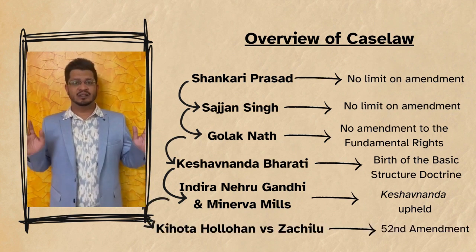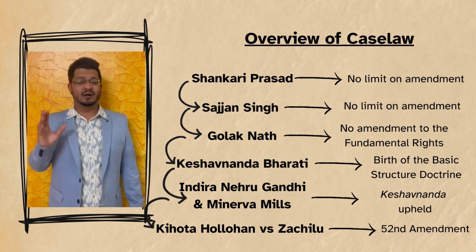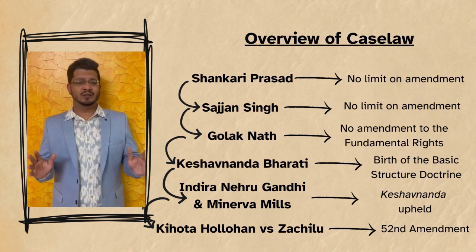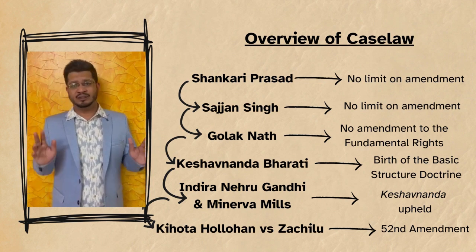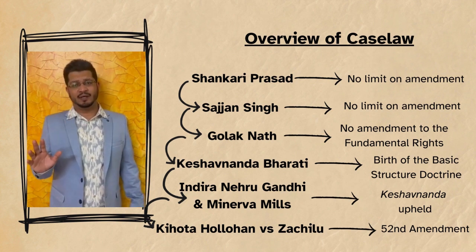Finally, in our journey of tracing the trajectory of cases decided by the Honorable Supreme Court, we shall be discussing the case known as Kihoto Hollohan. This was a case related to the 52nd Constitutional Amendment.